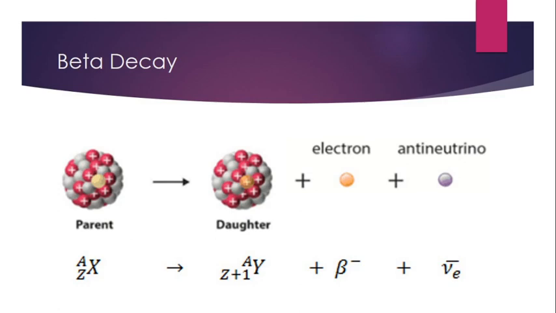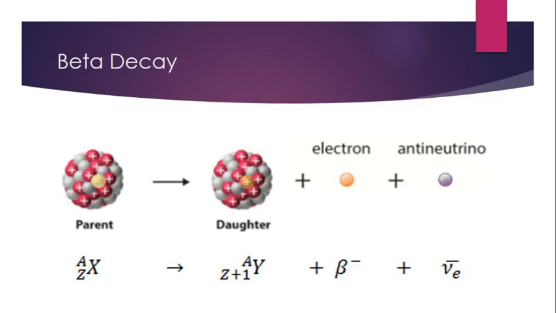That means, I repeat, a neutron in the parent nuclei is converted into a proton, an electron and an antineutrino, and this electron and antineutrino are emitted.